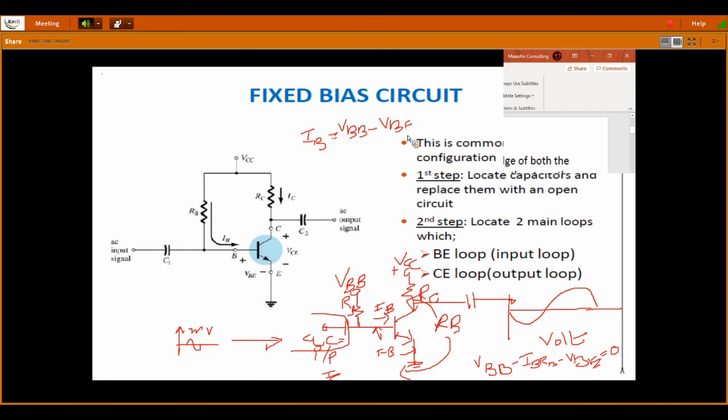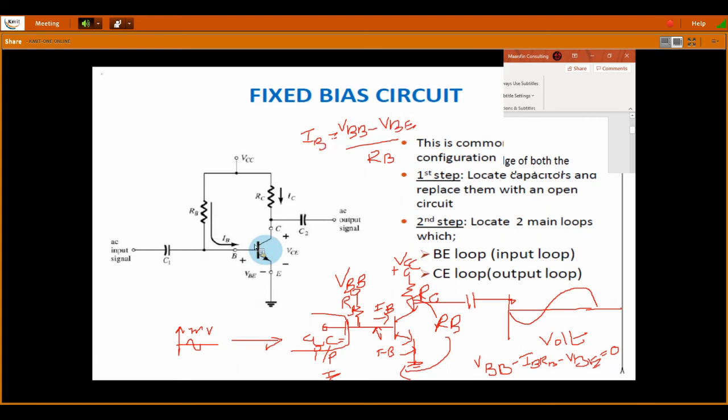As I said, this is a fixed bias circuit. Why I say this is a fixed bias circuit is that a fixed amount of base current flows through the input circuit with fixed values of your DC voltages. VBB is constant, and the current depends on the resistor value connected at the input circuit, which is RB. VBE is a junction voltage, around 0.7, which is also fixed.